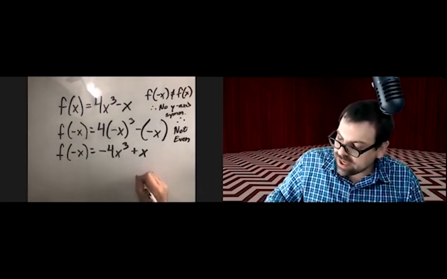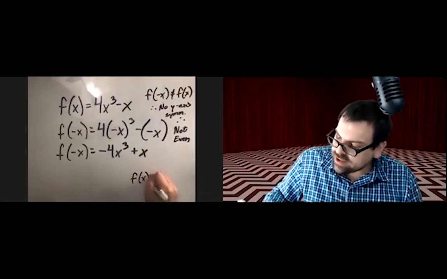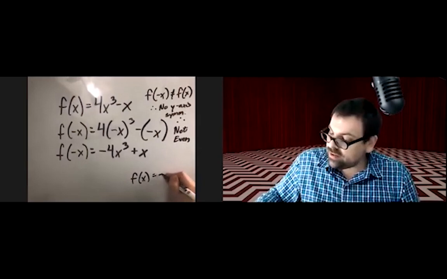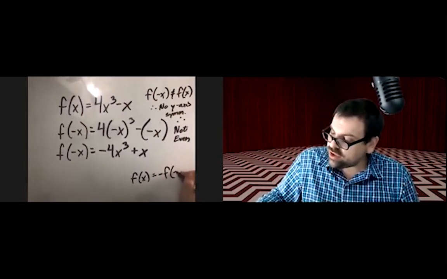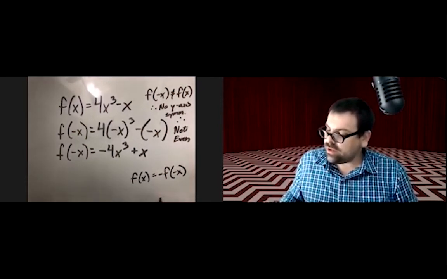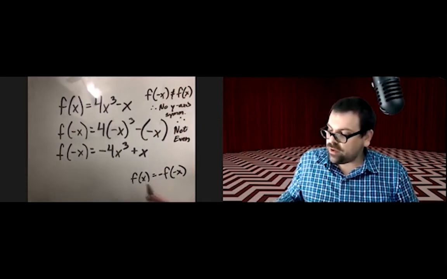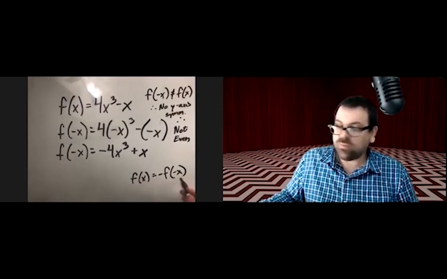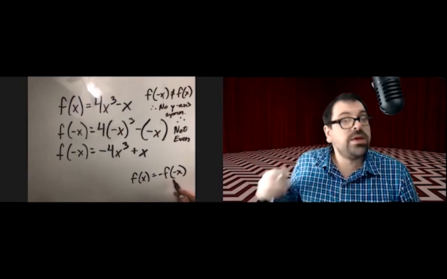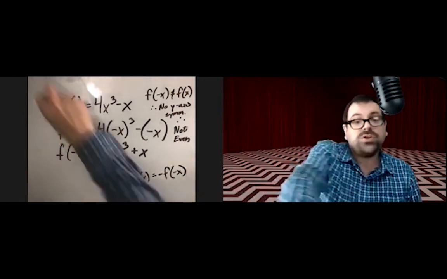Remember, replacing x with negative x and y with negative y means that the y changes the whole function, the x changes as well. So if the original is the opposite of what we get when we have f of negative x, then it would have origin symmetry.